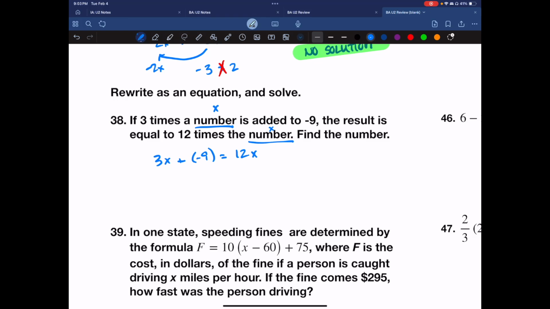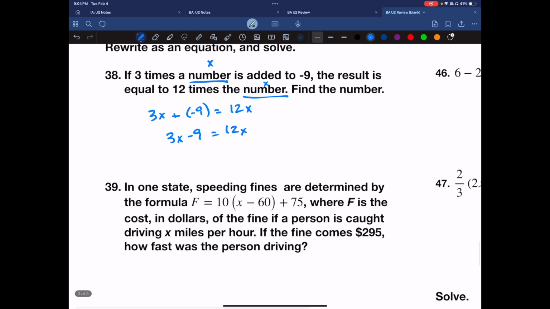Remember, a plus and negative is the same thing as if I wrote 3x minus 9 equals 12x. Now, if you're comfortable going straight for the second line, straight from the wording, great. But I highly recommend, if you're not, just write it as it's written. It says added to negative 9.